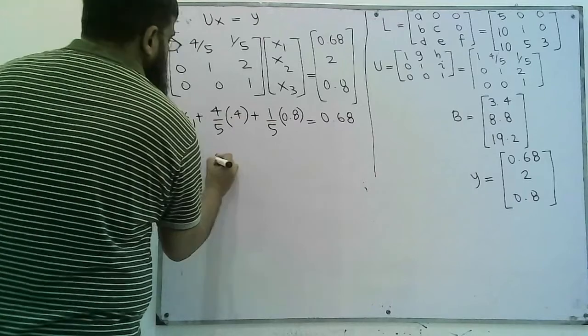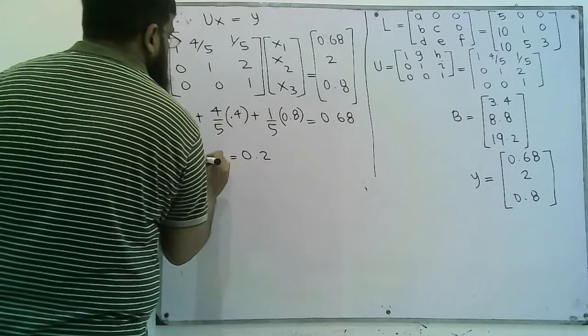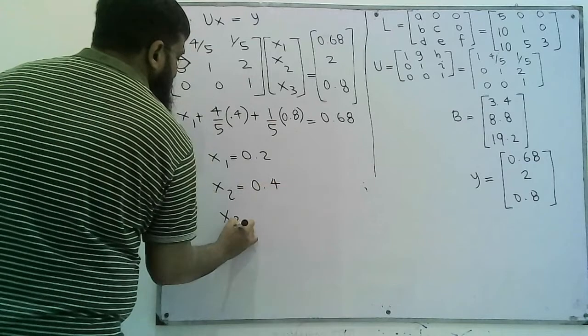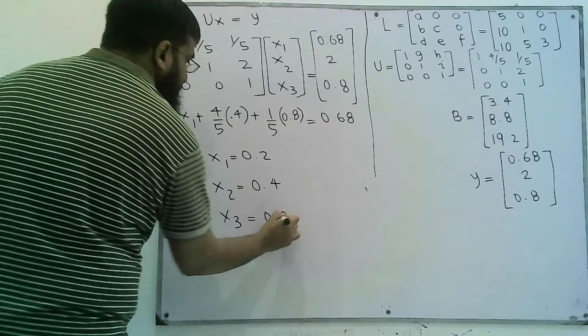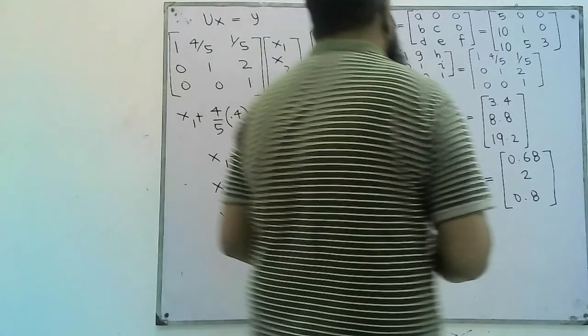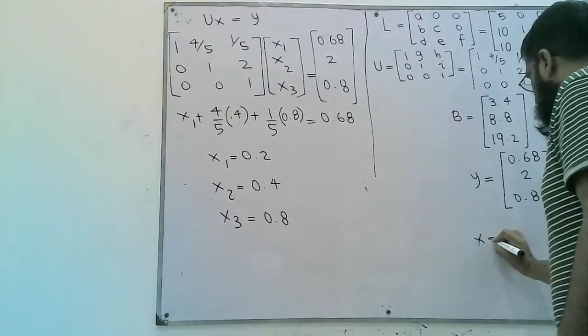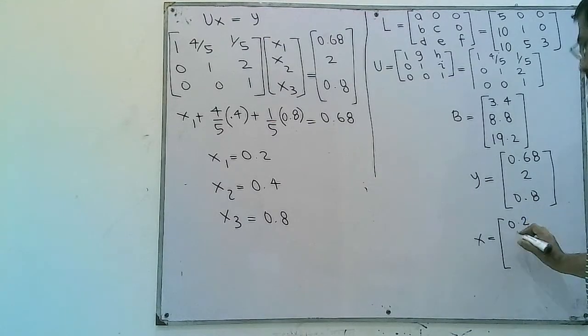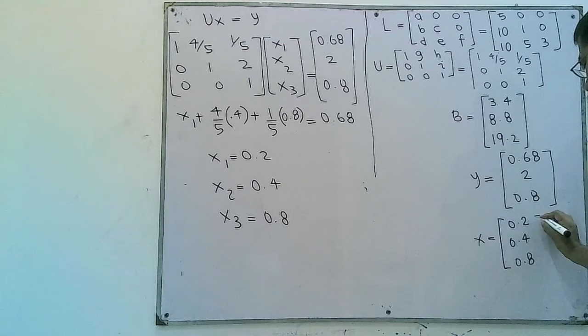So x1 is 0.2, x2 is 0.4, x3 is 0.8. So now we have computed X, the final vector of unknown coefficients: 0.2, 0.4 and 0.8.